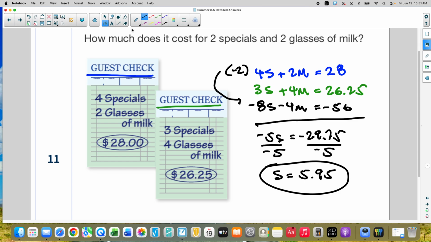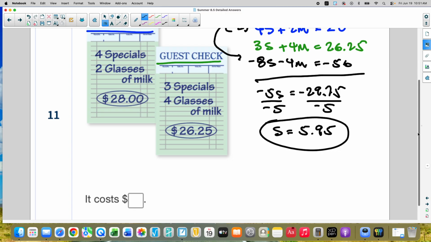And now we can plug it back into one of these. There's a lot of work we've got to do here. So let's take that equation, 4s plus 2m equals $28. Let's put the s in there.